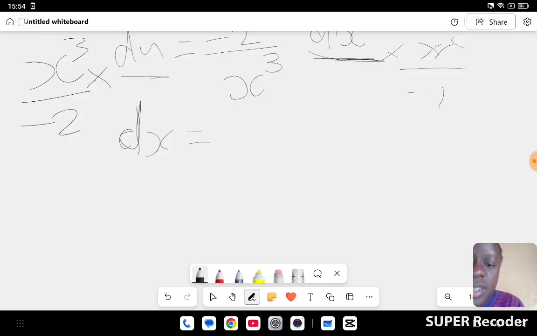Dx will be equal to x cube divided by -2 multiplied by du.